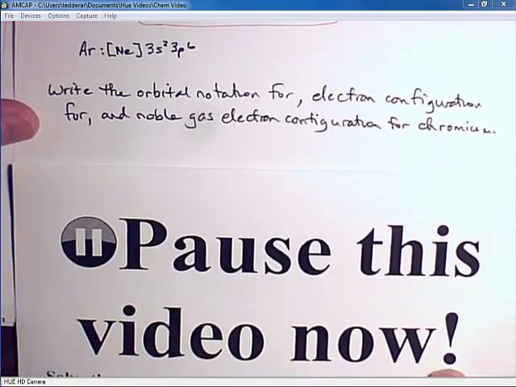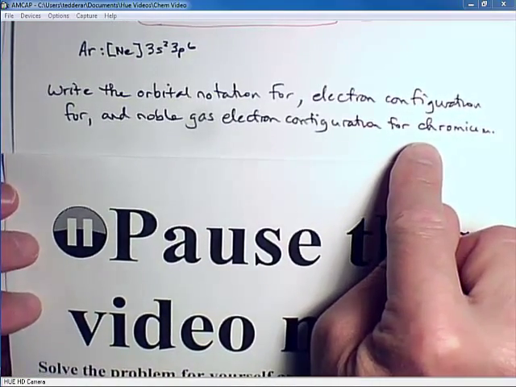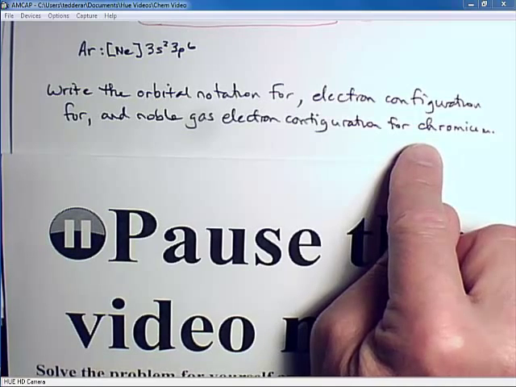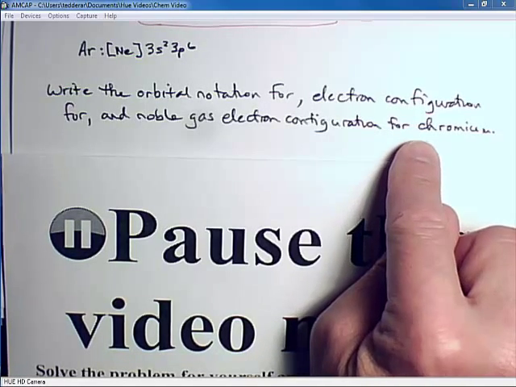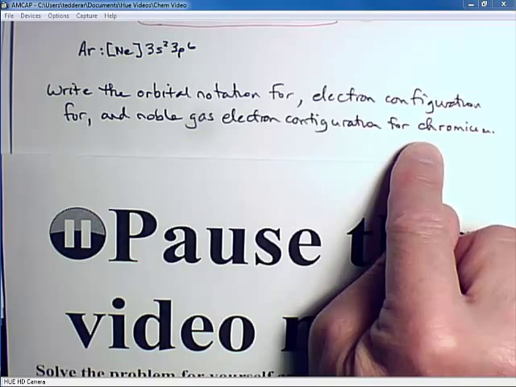Now let me be clear about something, since I've written chromium here in the sentence. When you do your element cube, you're going to write your chromium without a capital C. I'm trying to emphasize the fact that element names are not proper nouns, so you don't capitalize them automatically. You only capitalize them when they are the first word in a sentence or they're in a title.